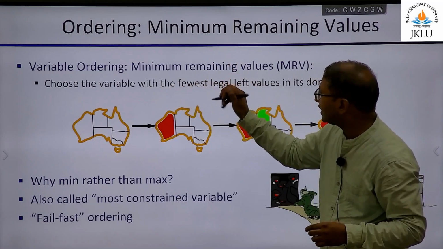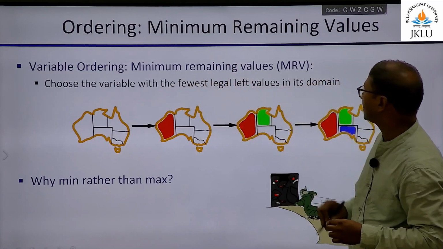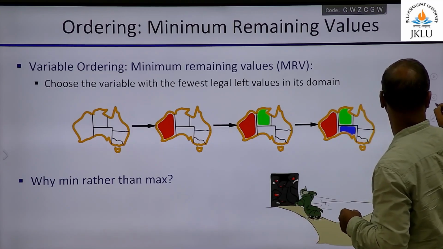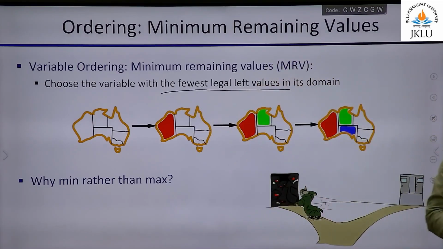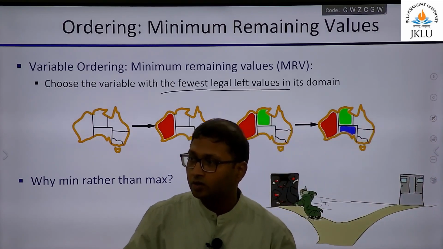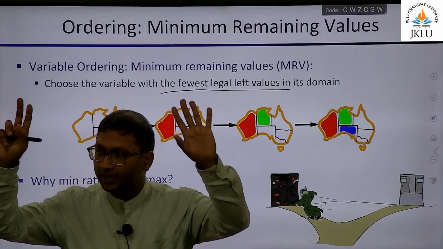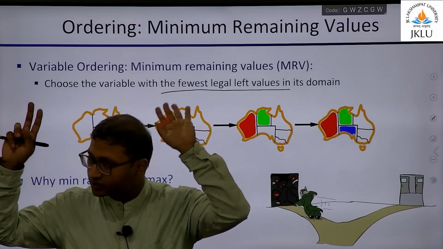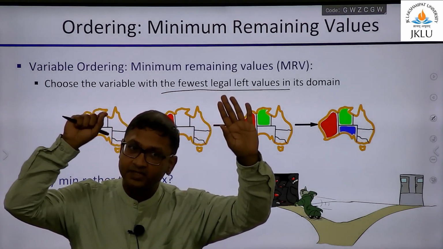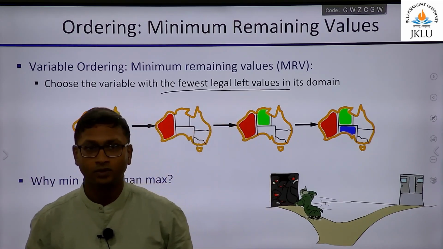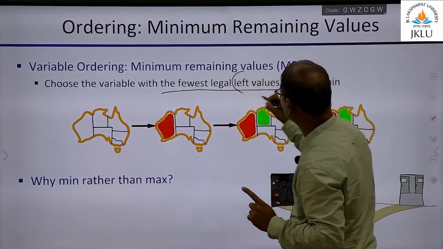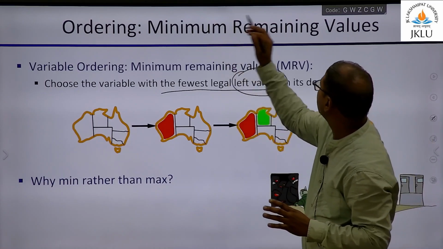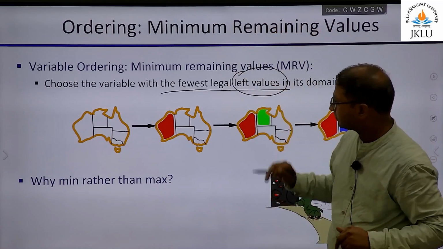Choose the variable with the fewest legal values left in its domain. What does this mean? Let's say I have two variables. One has 3 possibilities in its domain, the other has just one possibility. Then go for the one with just one value in its domain. This is minimum remaining values, or MRV for short.